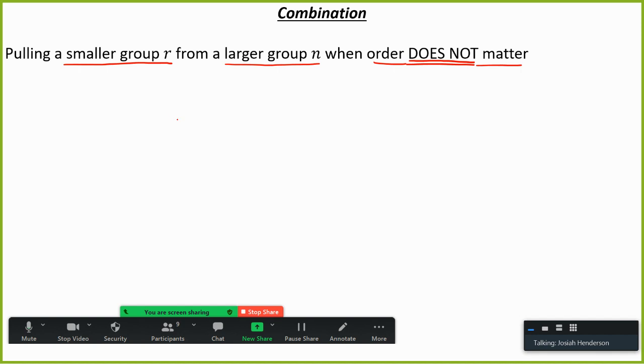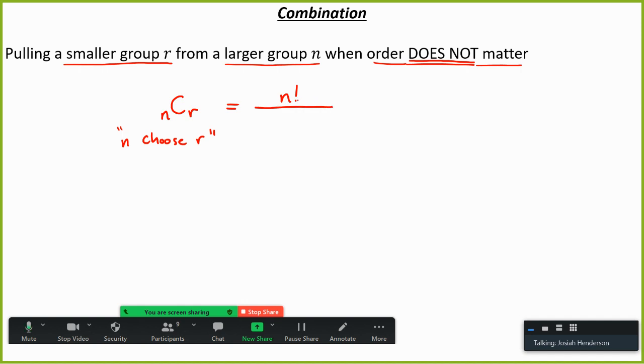Like the permutation formula, this looks similar to the first one. It's N capital C R, and how we say this is N choose R. From the larger group of N, we're pulling smaller groups of R. The formula also looks very similar.